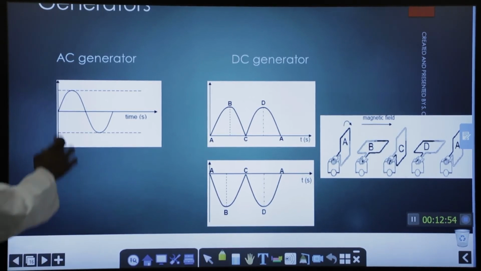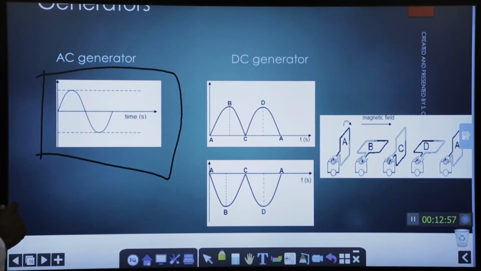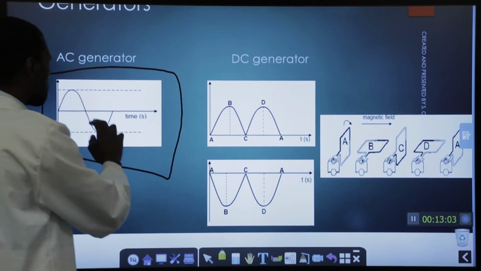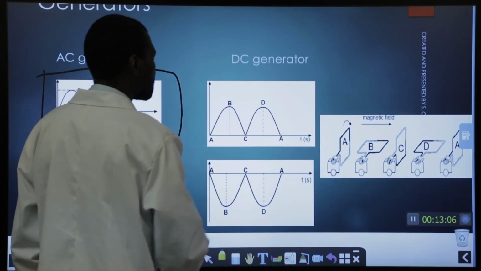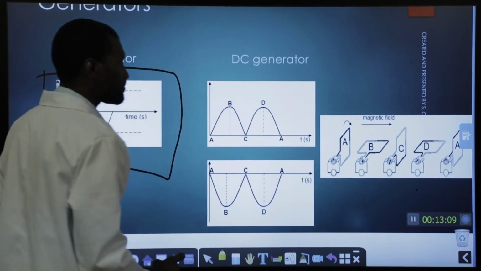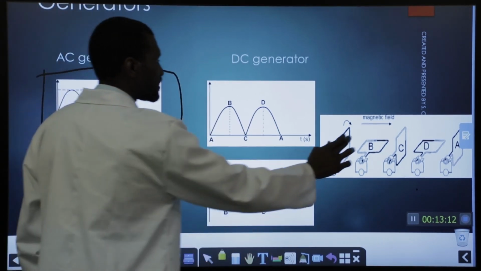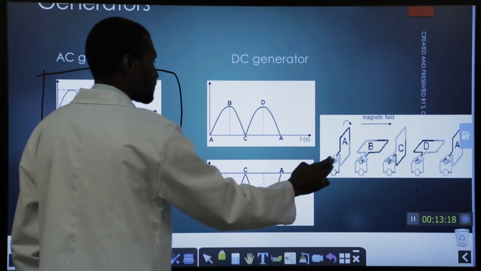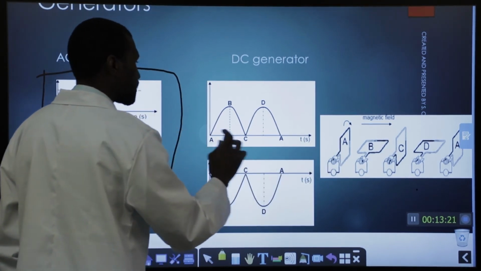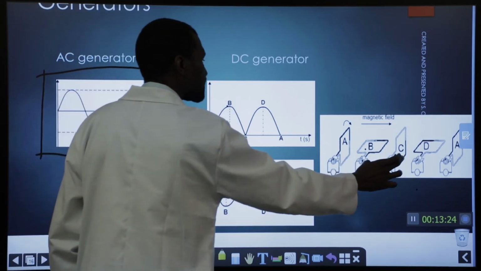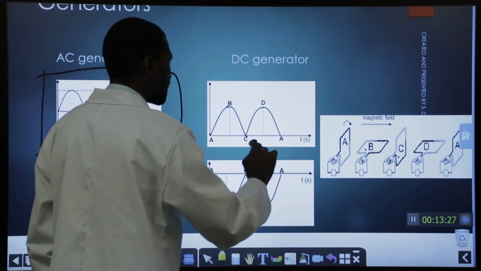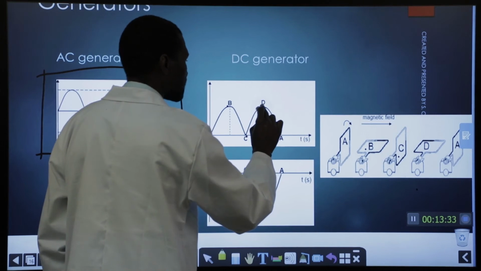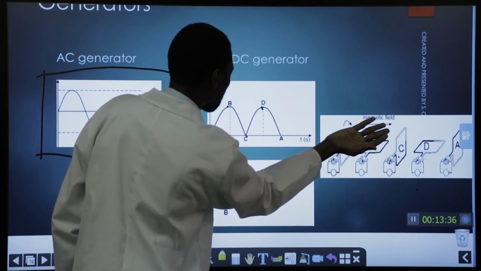The graphs that indicate an AC generator, okay, I've spoken about them, how they alternate in direction, and a DC generator, as well as the magnetic field, all right, and the position of the coils are given, corresponding: A, 0, B at the highest, C, again 0 when it's vertical, all right, and then when it's turning towards D, it starts increasing to the highest from D to A when it becomes vertical again.